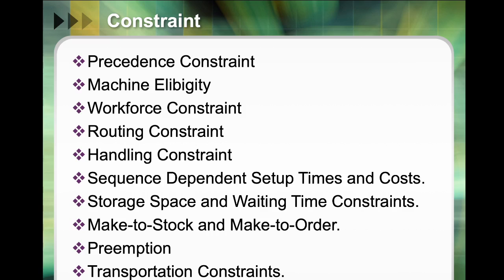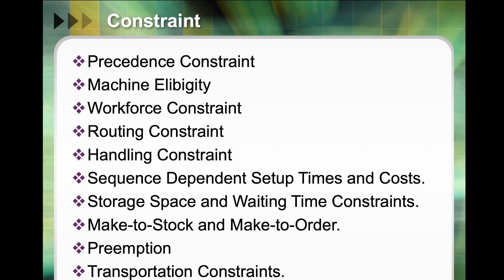And we also have the sequence dependent setup time and cost. That means that, for example, let's consider we have one machine M, and we have two jobs, job A and job B, that need to be processed on machine 1.